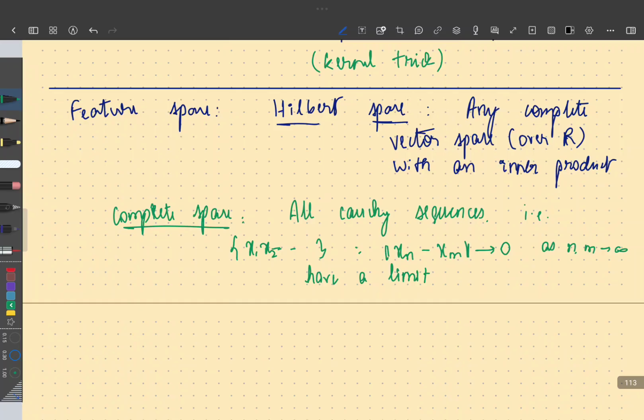All right. So for example, if you take, say, an open interval, and this is my space, then not every Cauchy sequence has a limit, because you can take a sequence that is converging to the end point. Which means that it does not converge to a point in your space, but it is a Cauchy sequence because successive elements are getting closer and closer to each other.